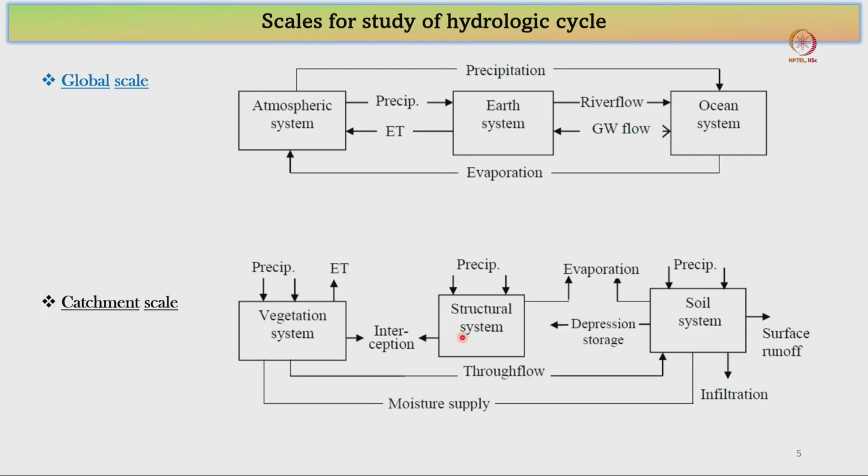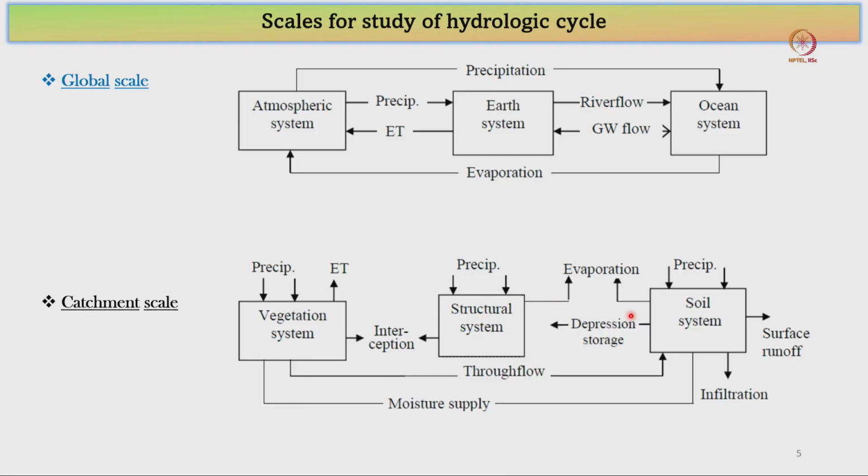Now, this can again be uptaken by the vegetation system. From the rivers and lakes some water is being taken up, it is being intercepted, and some is getting back into the vegetation system, or from the structural system it is evaporating and getting lost into the atmosphere.